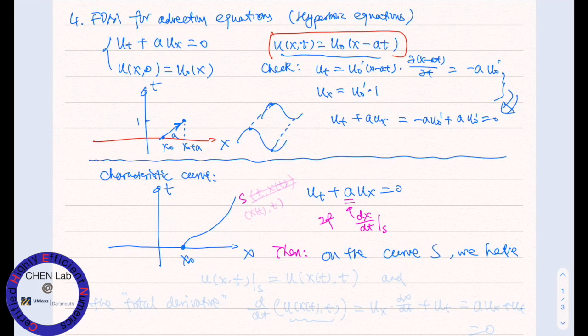It is determined by parameterizing it by t: at every t, if you give me the corresponding x, you get a curve in the xt plane. So x is a function of t.